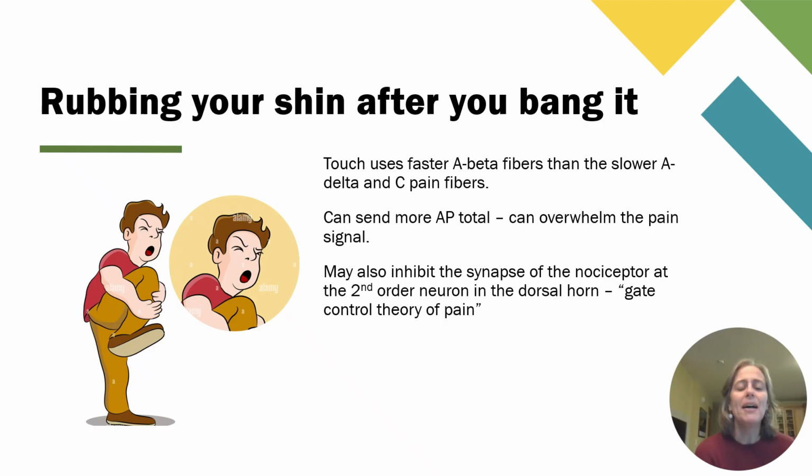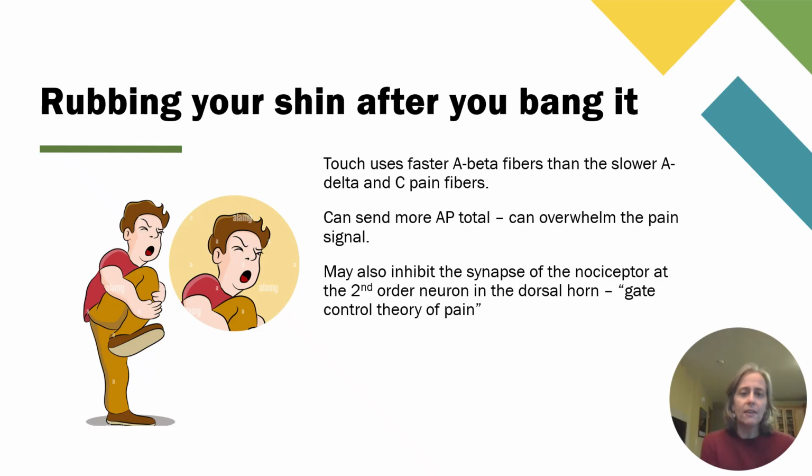All right, what about when you bang your shin and then you rub it or you hold it really tight, or you stub your toe and then you grab it and you hold it? Why does that help with the perception of pain, and is it actually helping? It is actually helping, and there are a couple of hypothesized reasons why. It's kind of hard to do experiments to find out for sure.